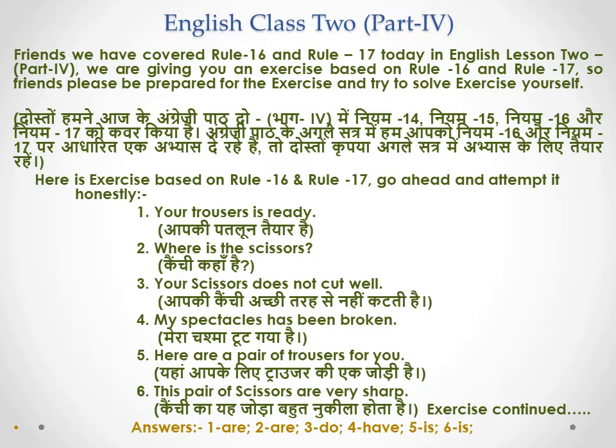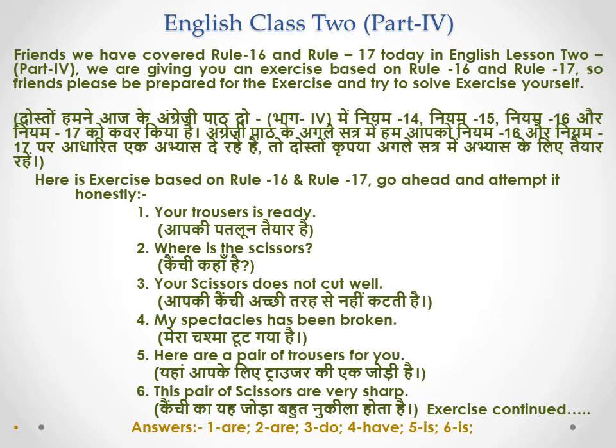Here is the exercise based on rule 16 and 17. Go ahead, attempt it honestly. In this slide, there are 6 sentences where the verbs are not correct. So you have to choose the right verb according to rule 16 and 17.